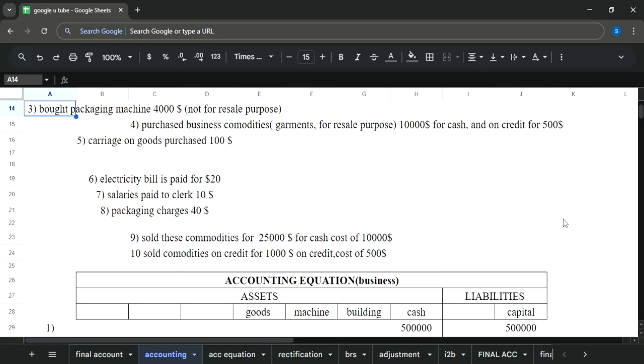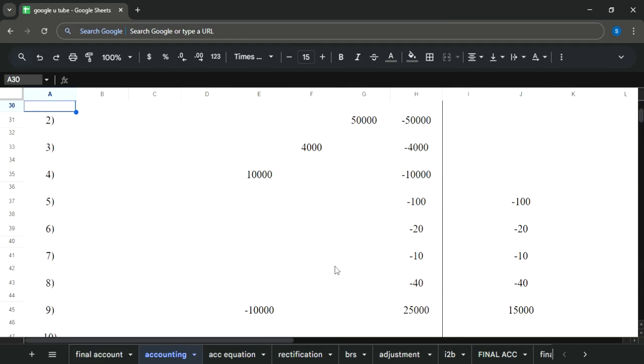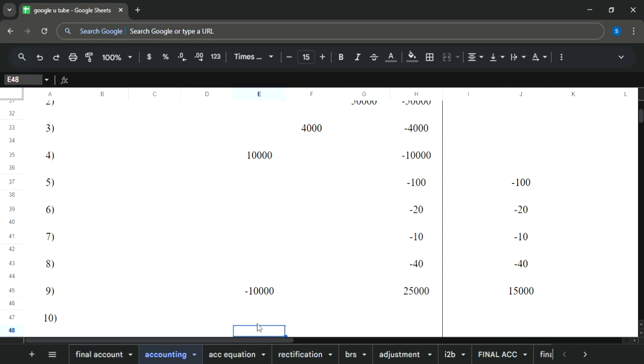Let's see what is happening. Sold commodities on credit. Again, this is an entry for sale, but here cash is not coming in. You have sold these commodities for 1000, let's mention, and the cost of these commodities was $500. Here we will come over here. Commodities of worth rupees 500 had gone, so you will put a minus sign.